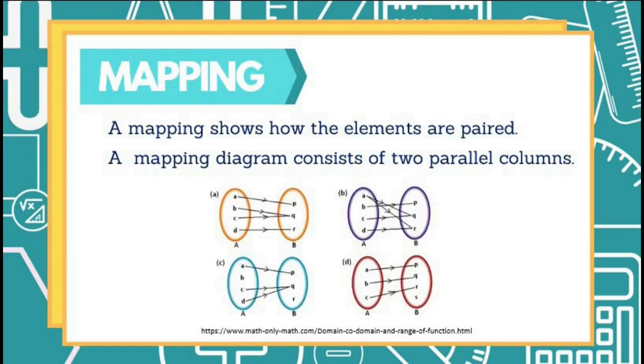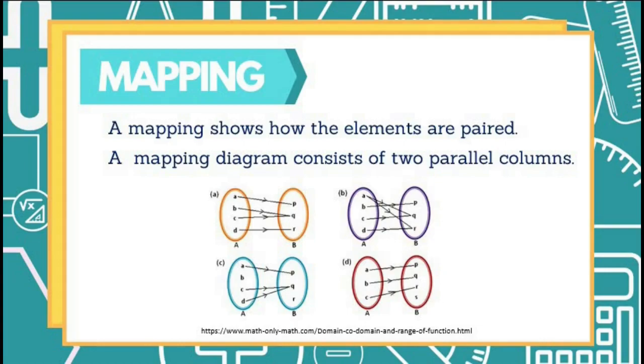The 2 parallel columns here are represented by the 2 vertical ellipses, or these 2 ovals we're seeing here below. The first column is designated for the values of x, and the column to the right is designated for the values of y. So basically, the mapping is an illustration showing the summary of values of x and y and their corresponding relationship.